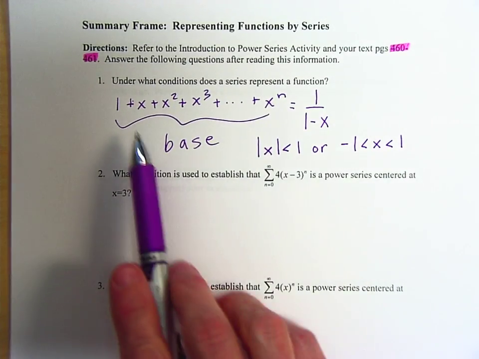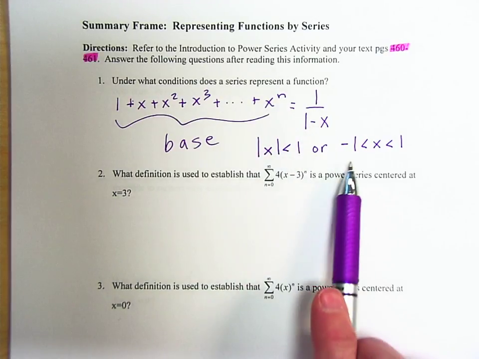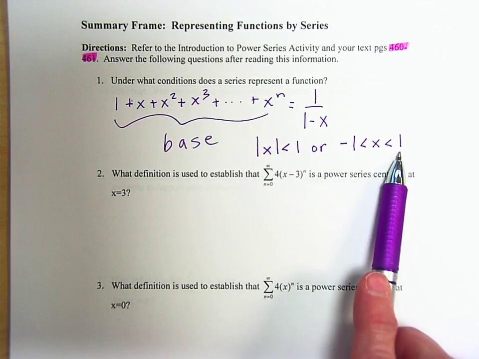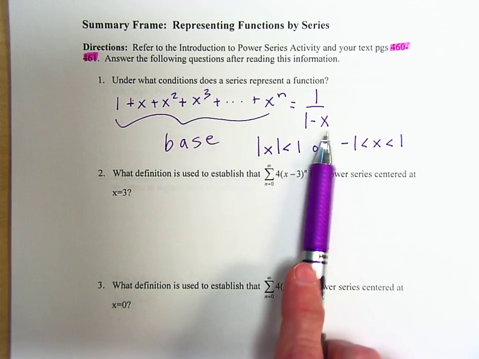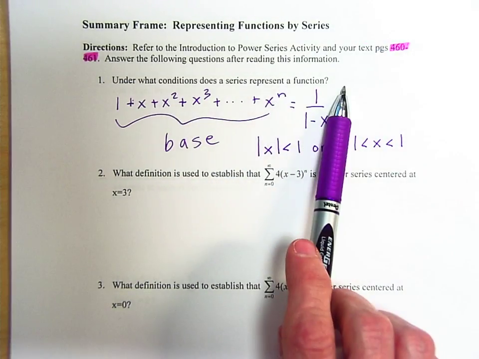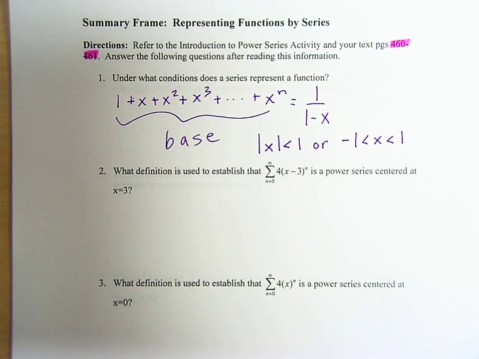If I try to take a look at this series and this function on an interval other than -1 to 1, I will find that they do not converge. They do not lay on top of one another. So those are the conditions when a series represents a function, when we are on the interval of convergence.